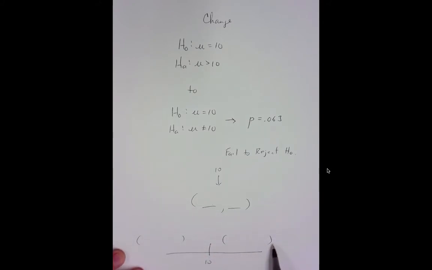If the entire interval was above 10, we can conclude, statistically speaking, that mu is bigger than 10. If the entire interval is below 10, then we can conclude, statistically speaking, that mu is less than 10.